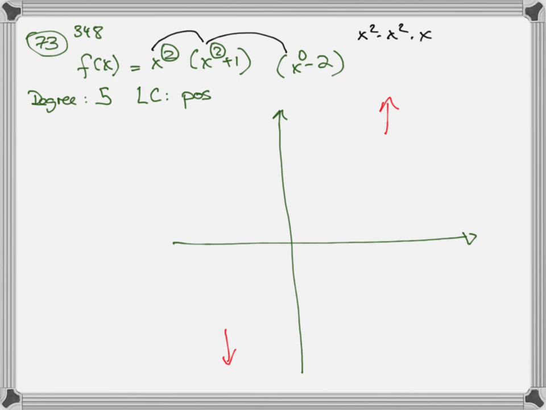That gives you your leading term. But there's no number other than 1 there anywhere. The 2 is negative, but that has nothing to do with the x. All the x terms here are positive. So if you do that, you add the exponents, and that gives you an x to the 5th.